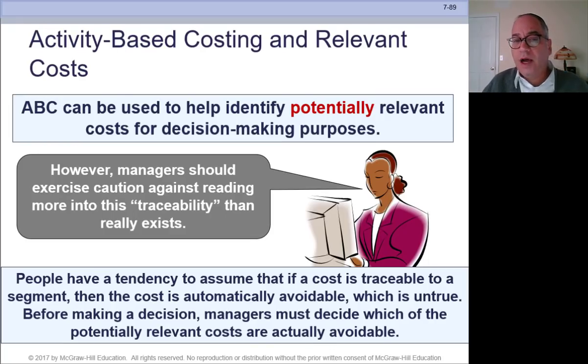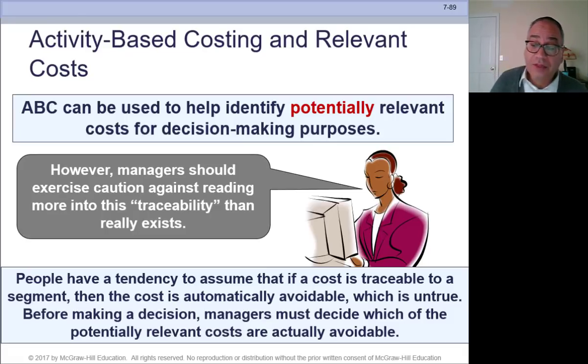We talked previously about activity-based costing, and I just want to tie that into this conversation here to tell you that ABC costing is very helpful for this process because it helps you identify what costs are relevant to a specific decision. The better your understanding of your cost behavior, the better you'll know whether a cost item or even a revenue item is relevant to the decision that you're making.